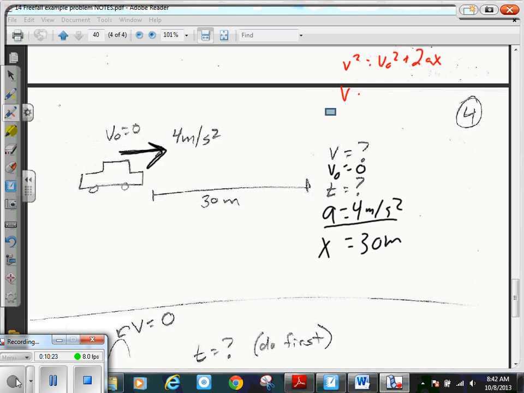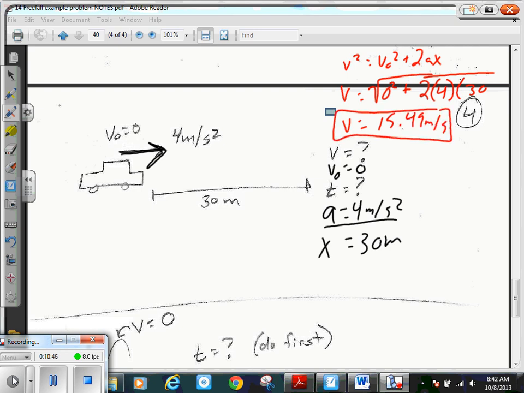So v then is the square root of 0 squared plus 2 times 4 times 30. So the square root of 240 is 15.49 meters per second. Okay, now I could use that here if I want. 15.49, and that's a positive number because it's in the positive direction. Now for time, I could use either other formula, but I'm going to use this one. It's a little easier. v equals v sub naught plus at.